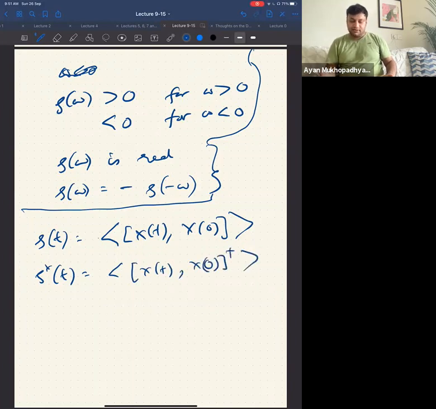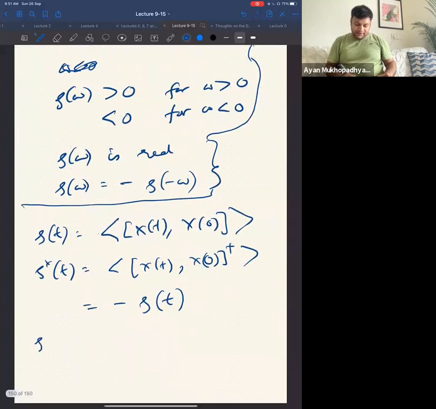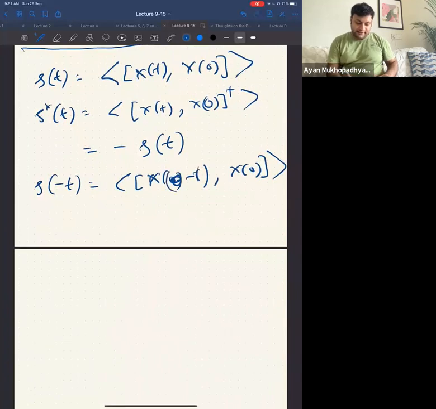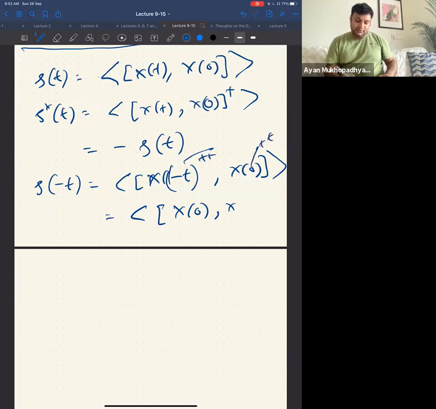But what happens if you take the dagger of the commutator? It becomes simply minus of itself. So this is minus rho of t. Another easy property you can see is that rho of minus t will be equal to the commutator of x of minus t and x0. By time translation invariance, which we showed, I simply add plus t to both of these arguments, so it will be invariant and then becomes the commutator of x0 and x of t.